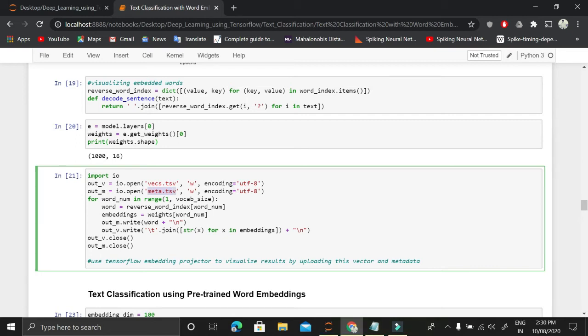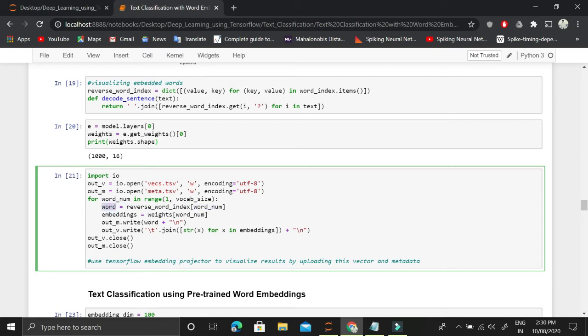Now we have a 1000 vocabulary size, so the total words in our vocabulary are 1000. For each word, this is the word number, so the integer value will be from 1 to 1000. This word number will have a value of 1. Given this reverse word index dictionary, for the key value of 1, what we'll extract is this word.